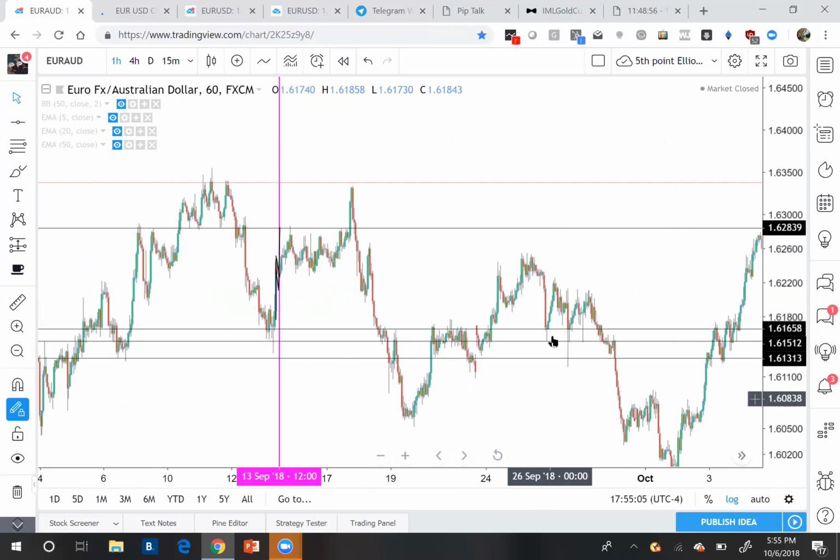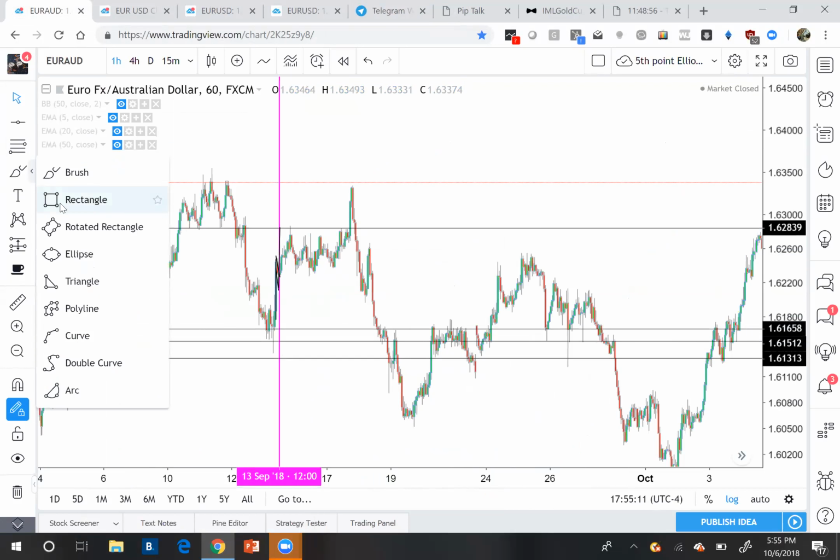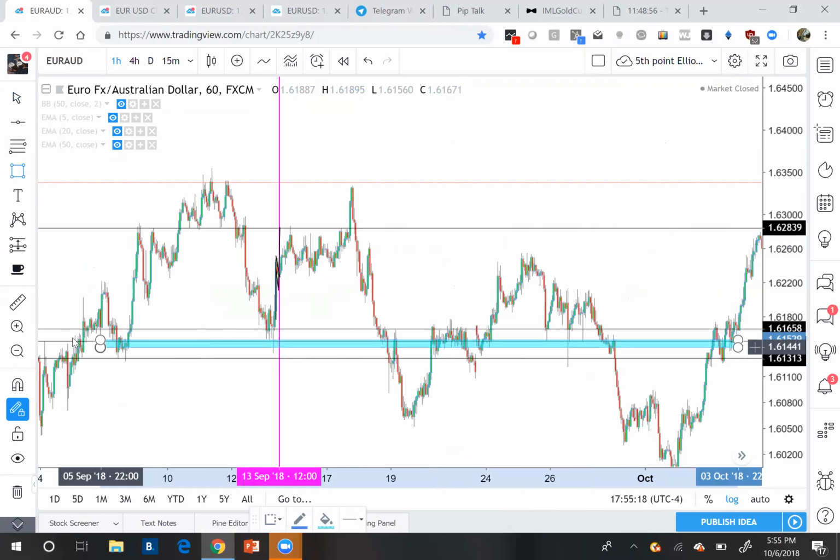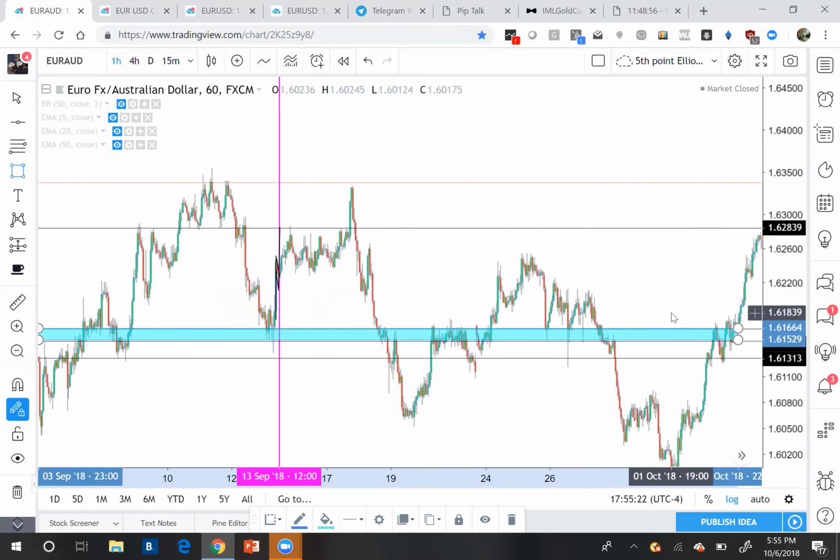Right, so in this case, this is where he identified this zone here. He will have highlighted it with a rectangle like this. But he will not have reached all here. This is where he will have been. Let me show you.